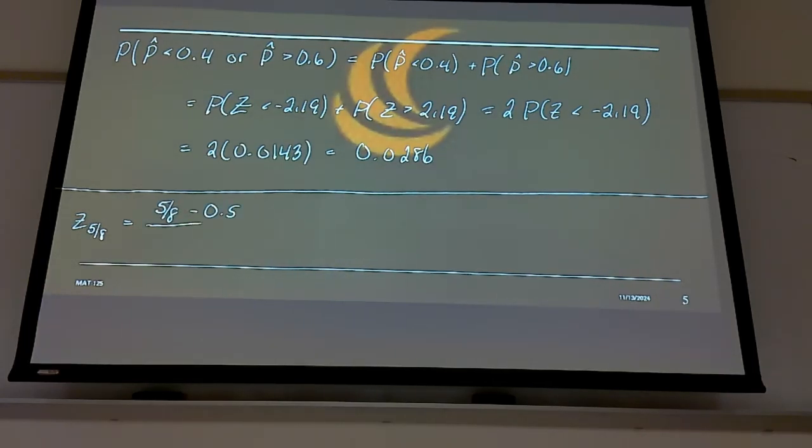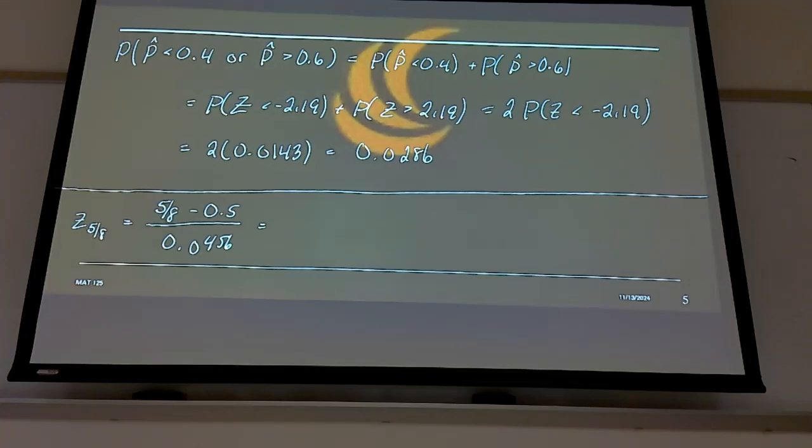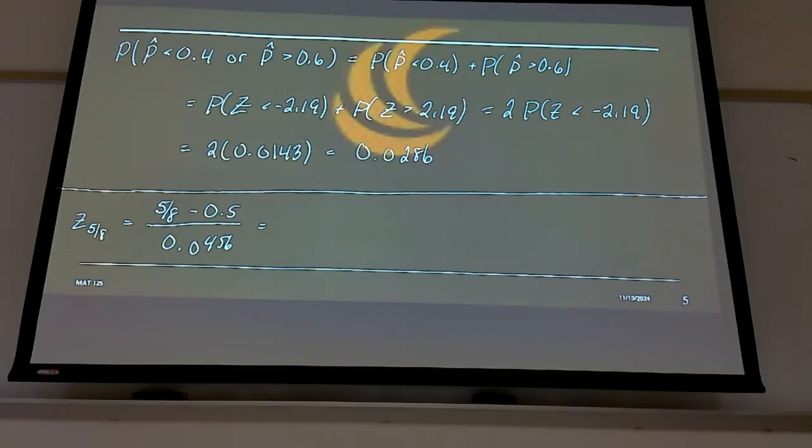Can we turn that into a decimal? You don't need to. When you enter it into your calculator, it's going to convert it to a decimal for you. The z-score is 2.74.